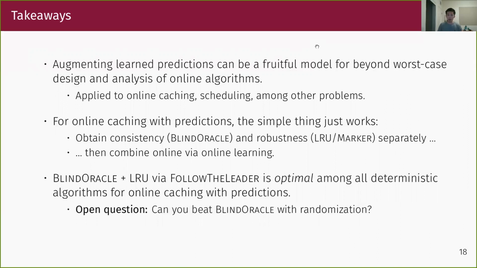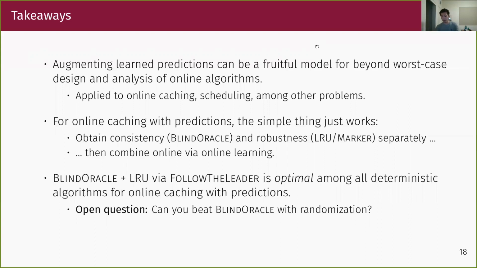And so within this framework, what this work shows is that for the specific problem of online caching with predictions, the simple thing in some sense just works. We can obtain consistency and robustness separately, and then combine these two modular components into a single algorithm with classical results about online learning on online algorithms.